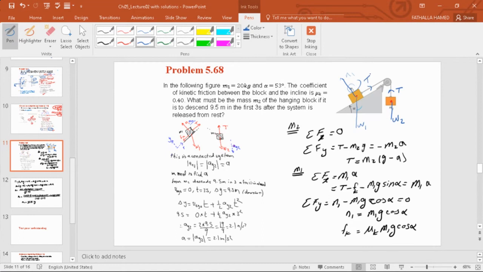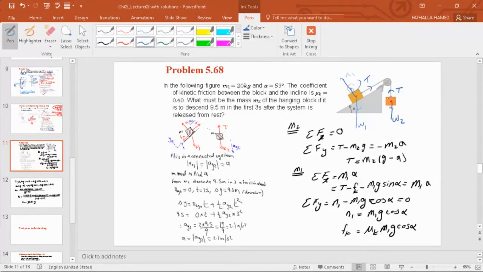Now, I should bring it to your attention here that we always say a light cord, a light cable, a light rope. So we are neglecting the mass of the cable to make it simple in these types of problems. But since this is descending down, this rope here, if it has good mass, it will add to the mass as it comes down.